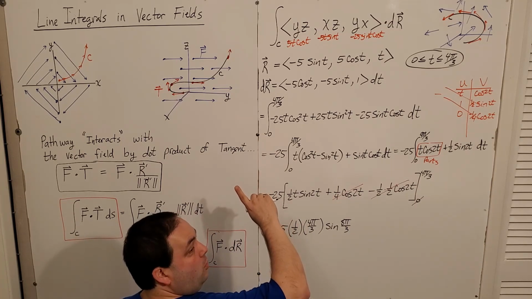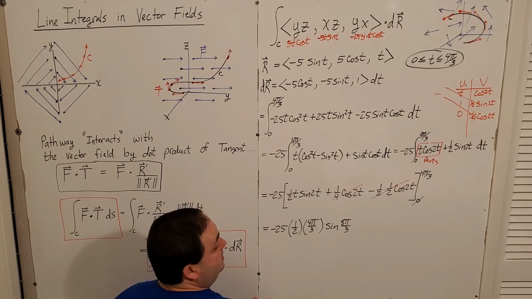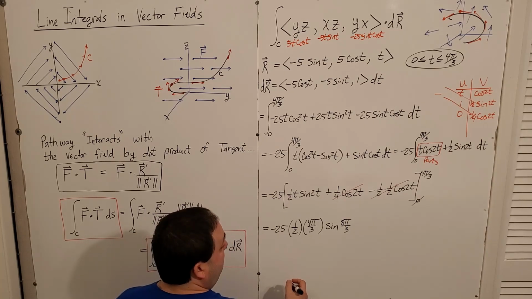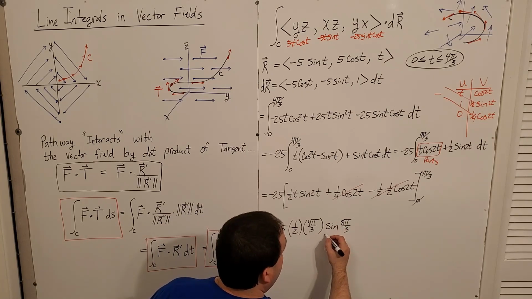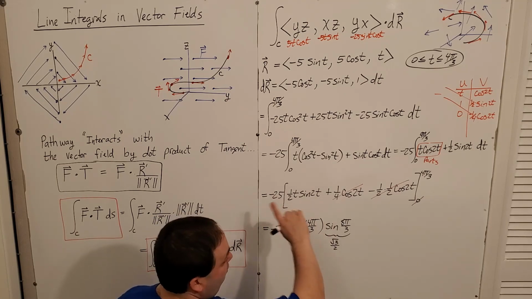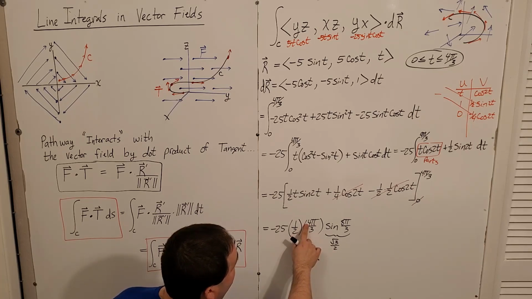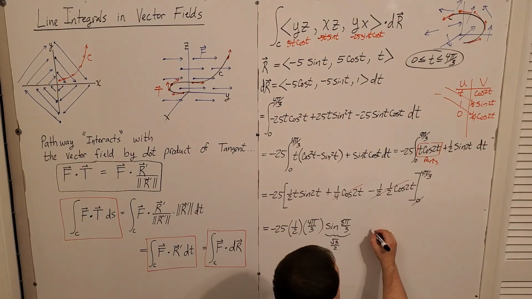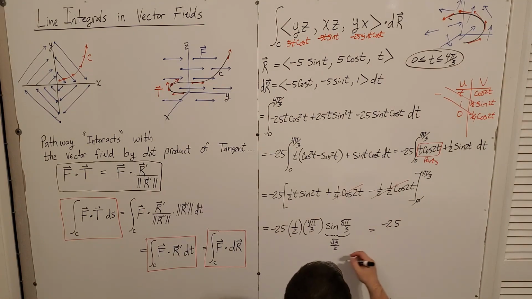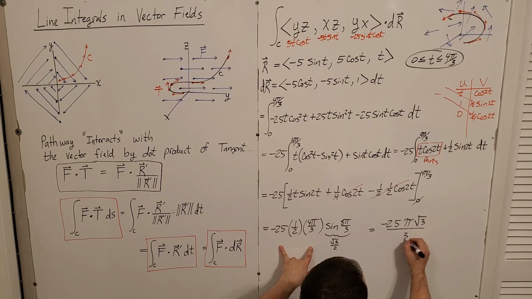Which is in quadrant 2, so it's going to be positive with a reference angle of pi over 3, or 60. So this piece right here is just square root of 3 over 2. Sine of 60, basically, sine of 120. Okay, so over 2, wipe out with the 4, and I am left with negative 25 pi square root of 3 all over 3.